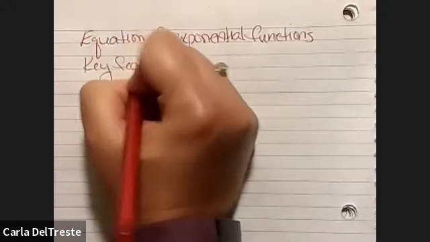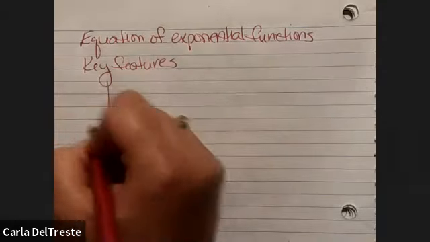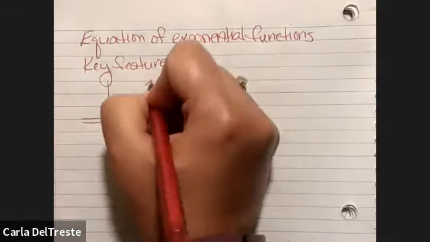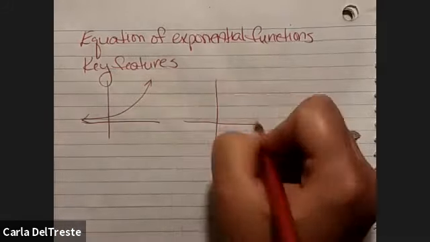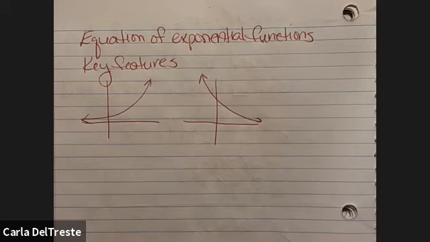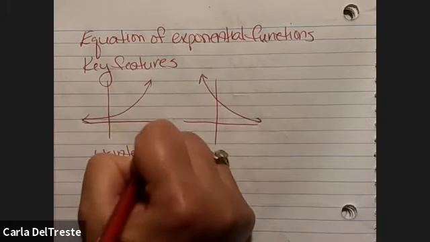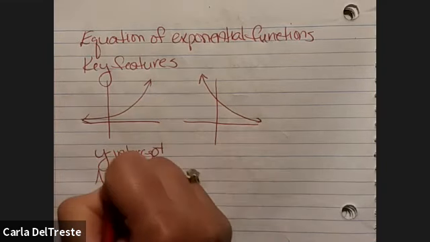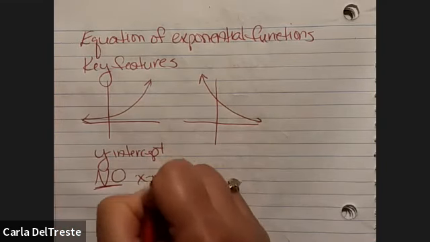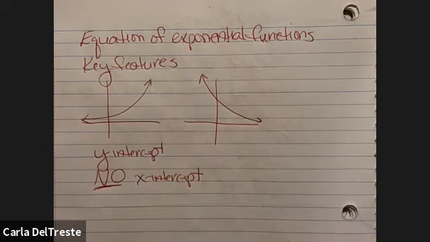What do we know about exponentials? Well, we know that exponentials either have growth or decay, so it can only be one of those two pictures. We know that we can find the y-intercept. We know that there is no x-intercept; it never crosses the x-axis.